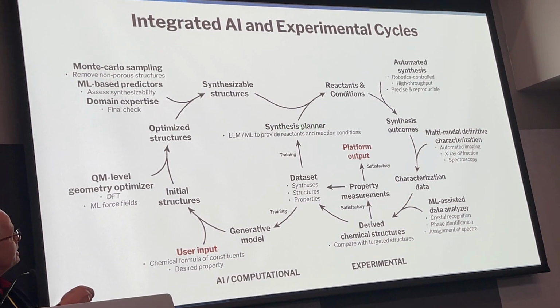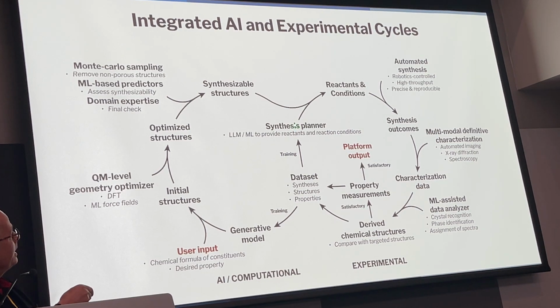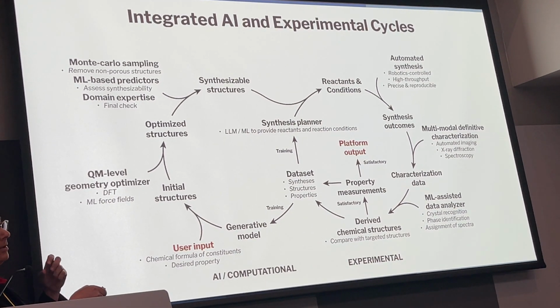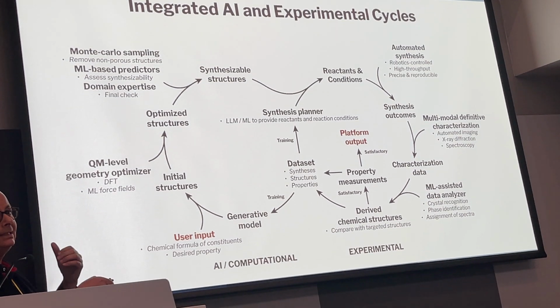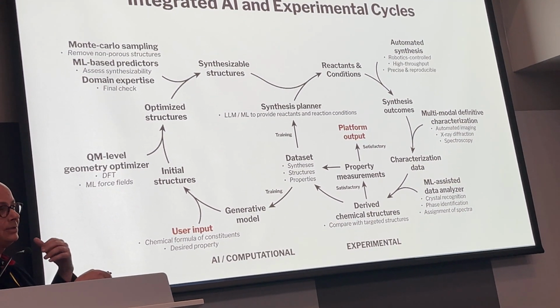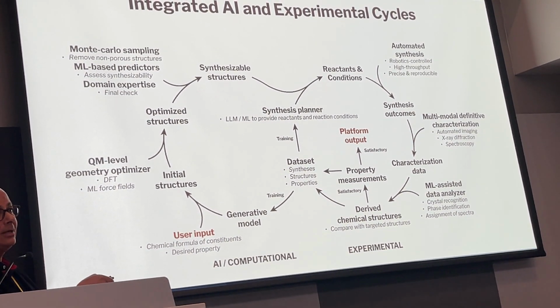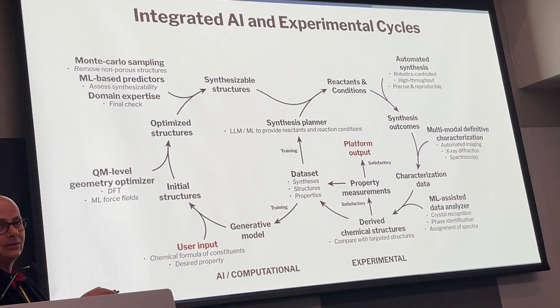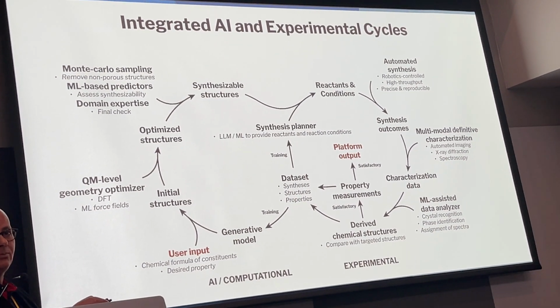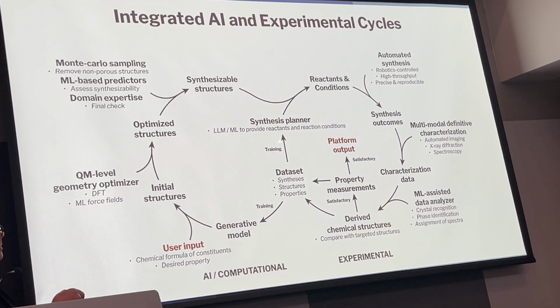And this synthesis planner gives you, in our case, conditions under which you could crystallize the material. Like I said, 90% of our time as chemists is spent trying to crystallize our compound, and it's one of the most long-standing problems in chemistry.